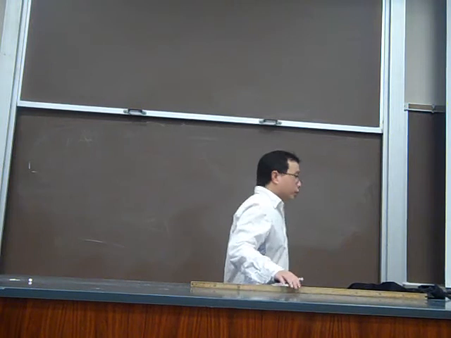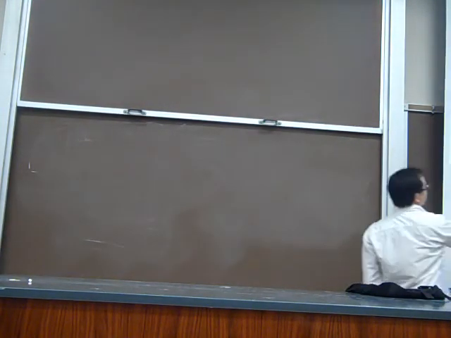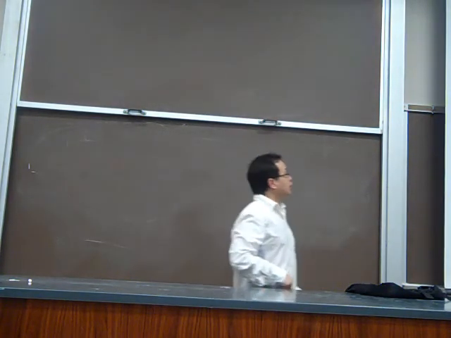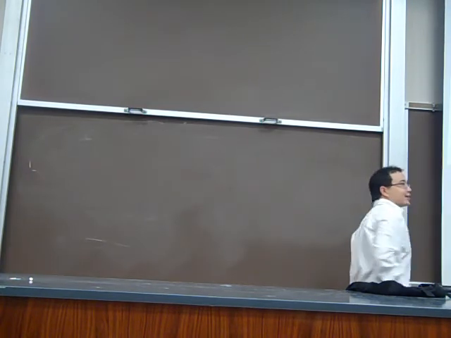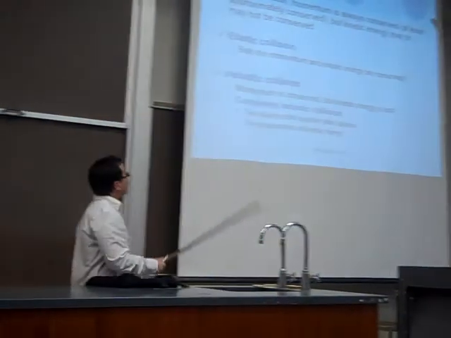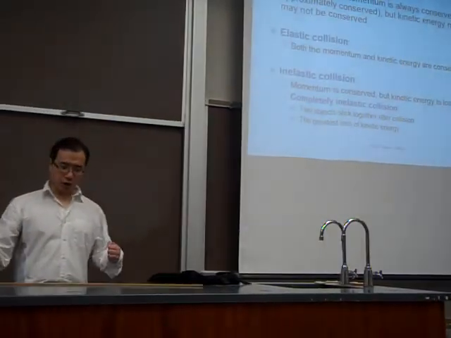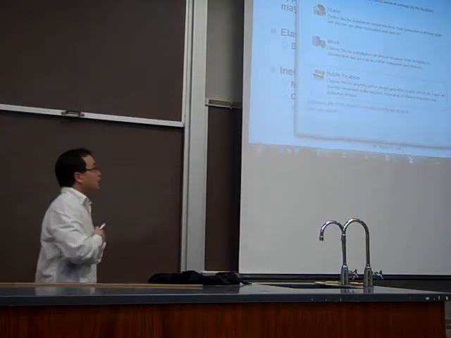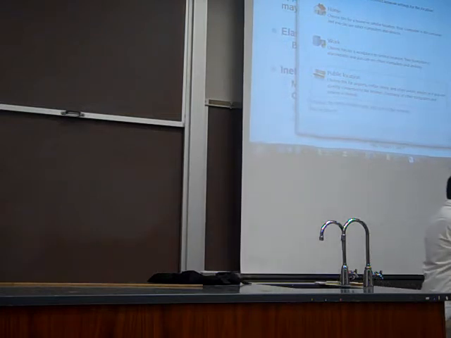And there is a special case of the inelastic collision. It's called the completely inelastic collision. It happens when two objects stick together after collision. It's called completely inelastic because during this kind of collision you have the largest energy loss.